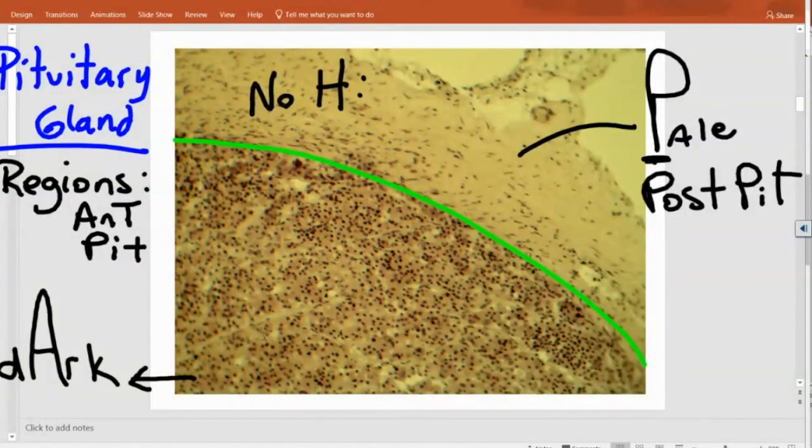Big H is hormones in this chapter. Anytime I use a big H, it means hormones. No hormones produced here.